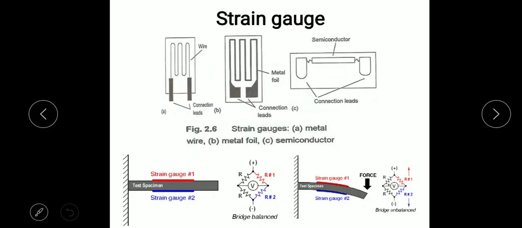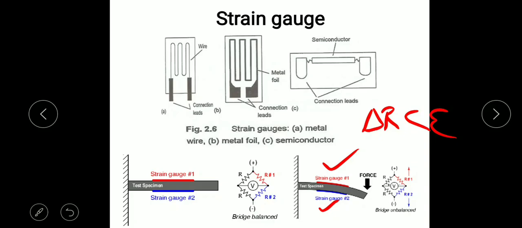When a force is applied over the cantilever beam, you can see that the cantilever beam will bend downward. According to that, there will be a high strain at the top portion and reduced strain, negative strain, at the bottom portion, and we have an equation that delta R will vary according to epsilon.